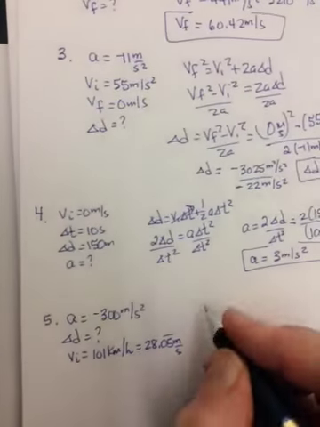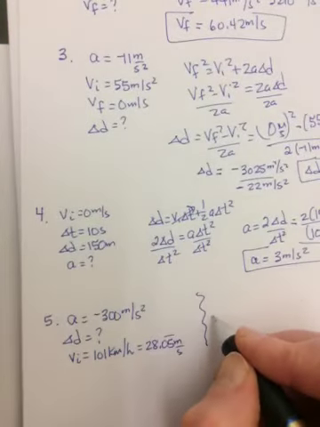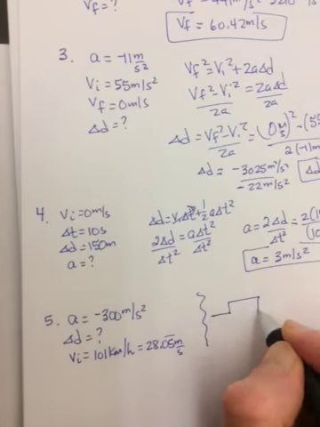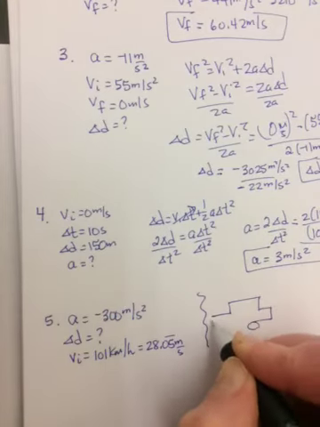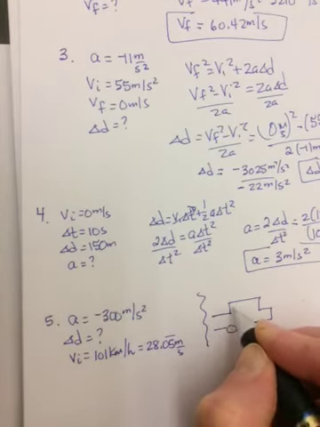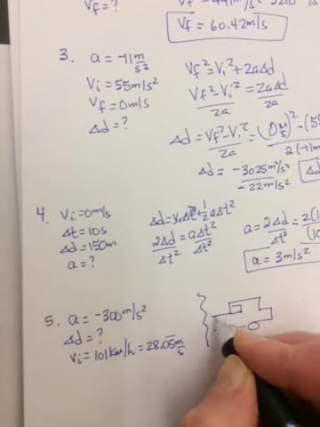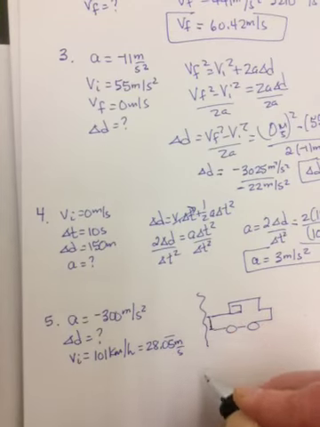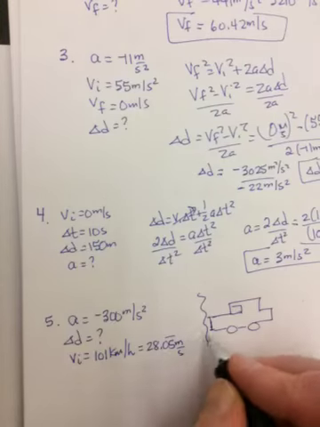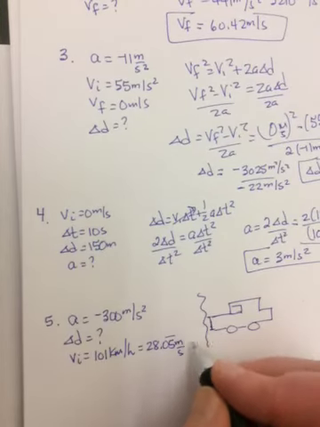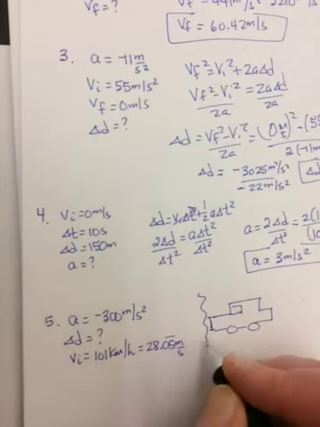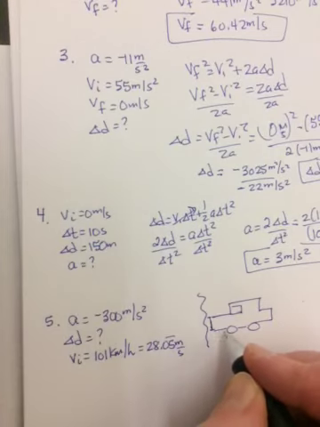Just so we understand, here's the wall, here's the car. So there's a person, for some reason unknown to us, driving the car into the wall. So when it just touches the wall, it's going 28.05 repeating meters per second.